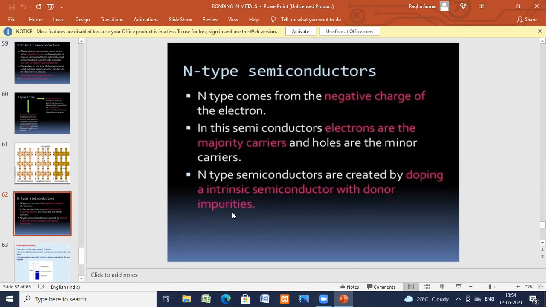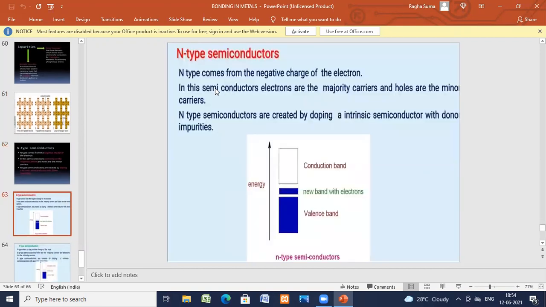In place of the silicon, the phosphorus generates a free electron, which keeps on moving. So the impure atom, phosphorus, induces the free electron. Because the conduction is due to a negatively charged species, the electron, it is called an n-type semiconductor. N-type comes from the negative charge of the electron.